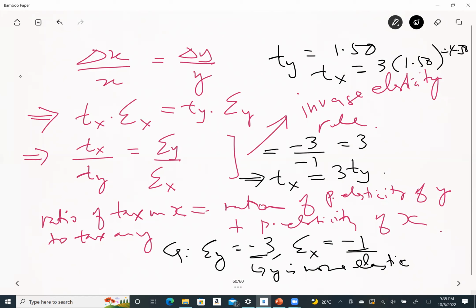I'll give you another example, another intuition that relates to this one. So here, you've got X and Y. Which one is more inelastic? X. X here is relatively inelastic.